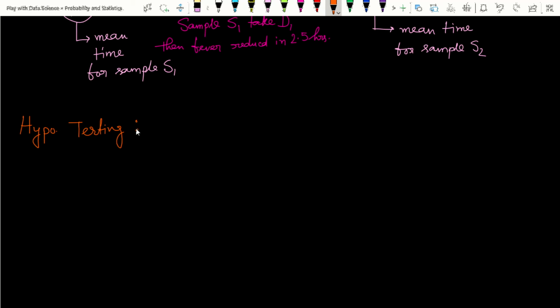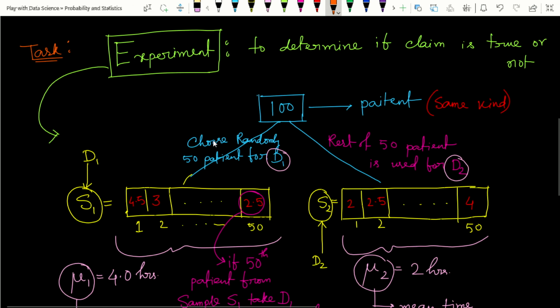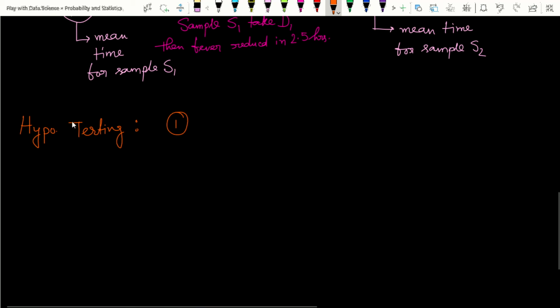testing, the first thing that we have to make after calculating these things is the null hypothesis, which means we have to make some assumption.